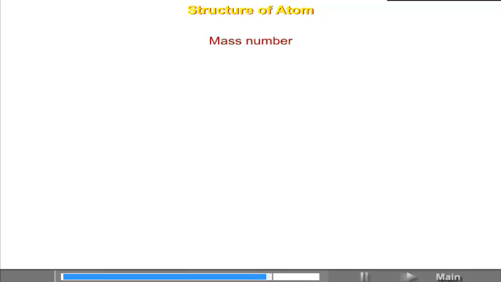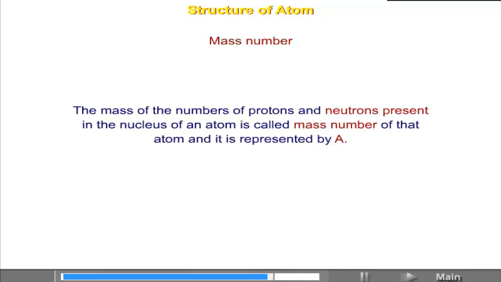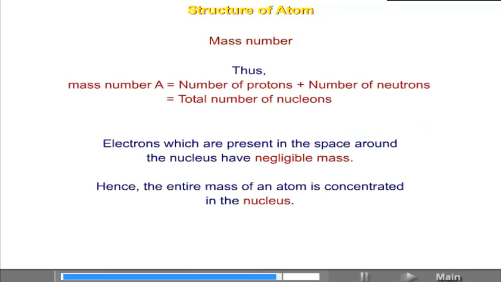Mass number. The sum of the numbers of protons and neutrons present in the nucleus of an atom is called mass number of that atom, and it is represented by A. Thus, mass number A is equal to number of protons plus number of neutrons is equal to total number of nucleons.